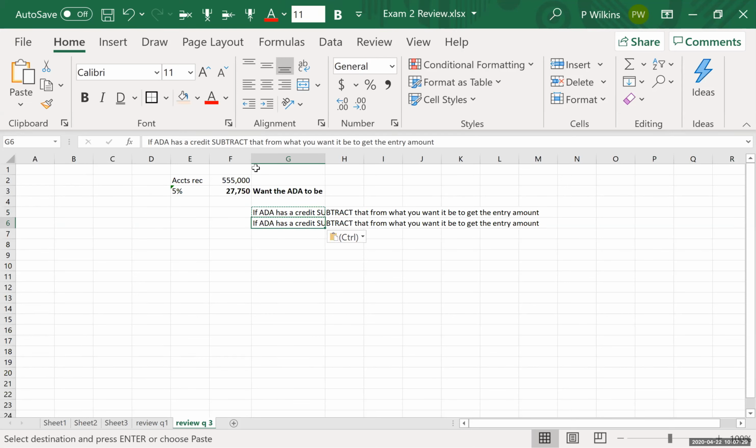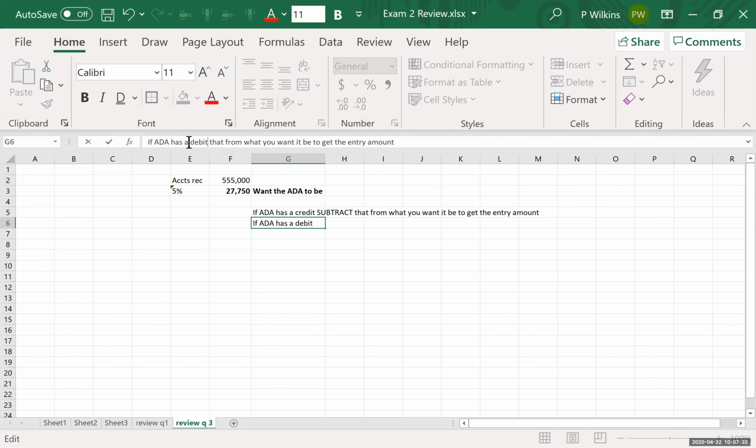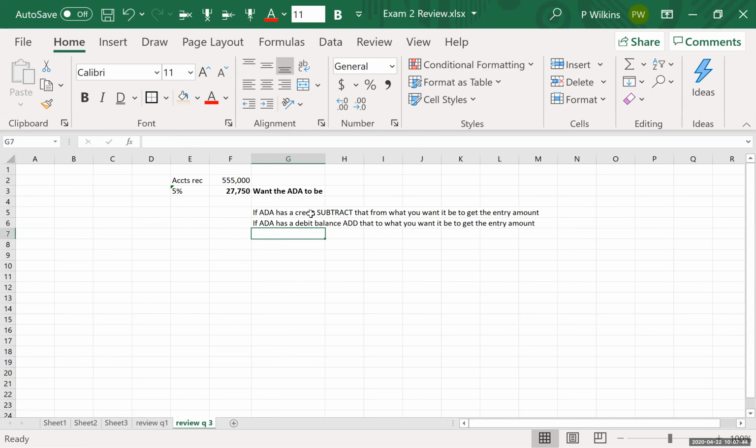If the allowance for doubtful accounts has a debit balance, add that to what you want it to be to get the entry amount, okay?